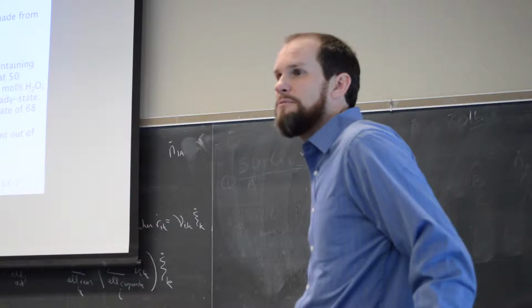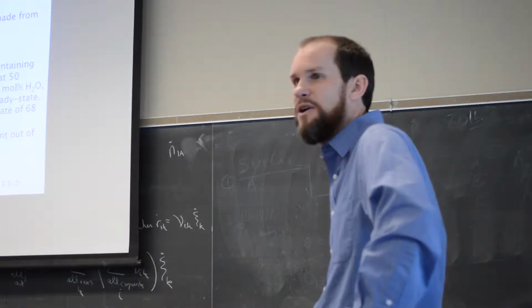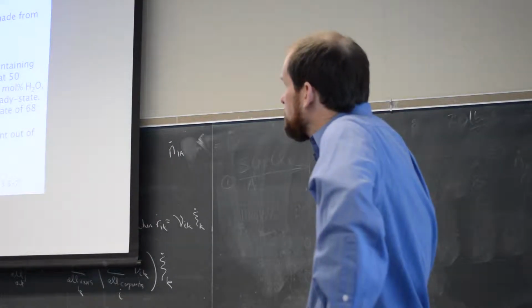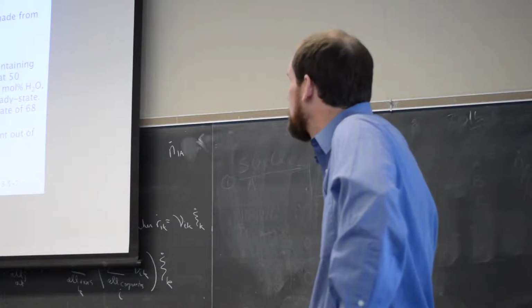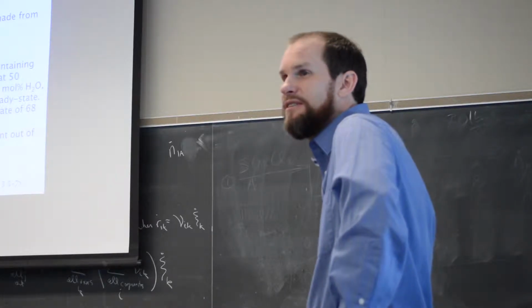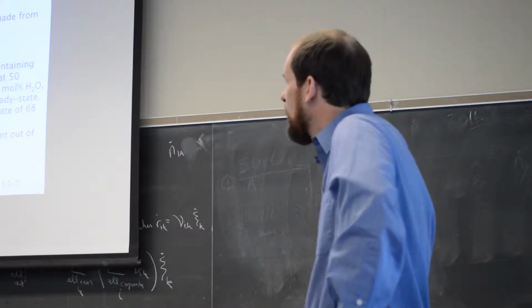So this is a typical problem. We'll be given some inputs, some criteria about the system, and then you want to know all the flow rates. We've got multiple ins, we've got multiple species. What do we do first? Draw a picture.